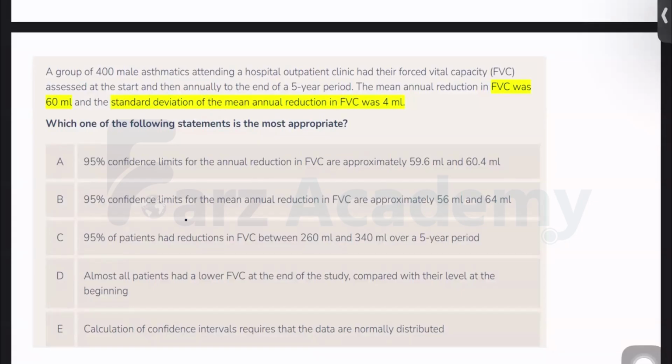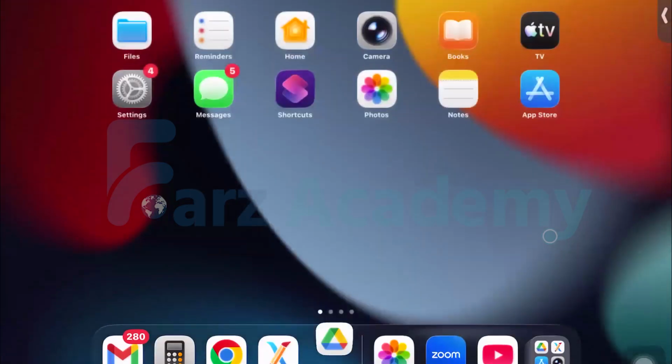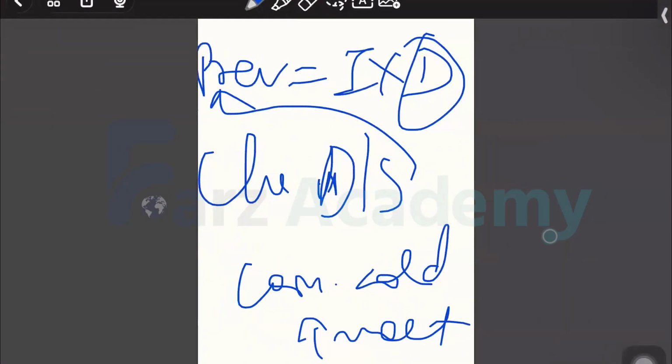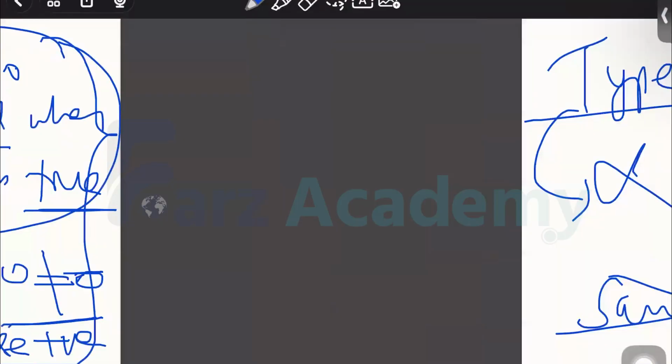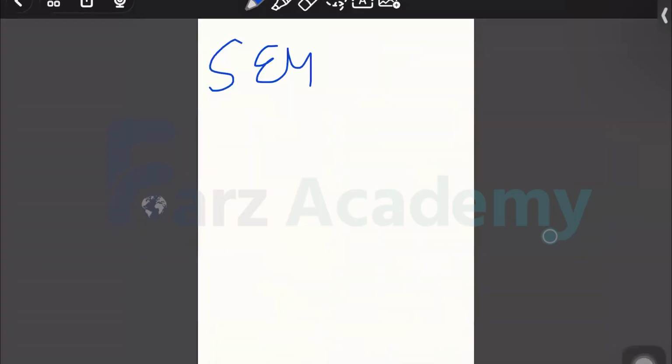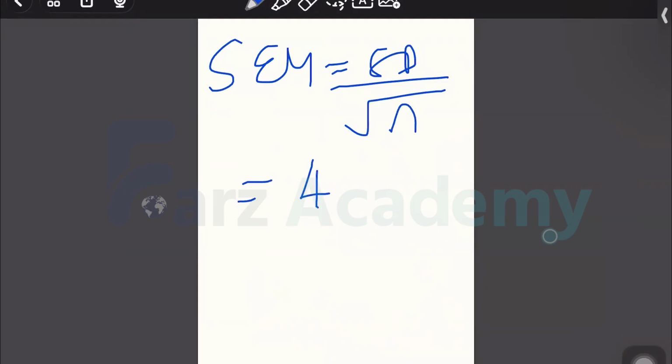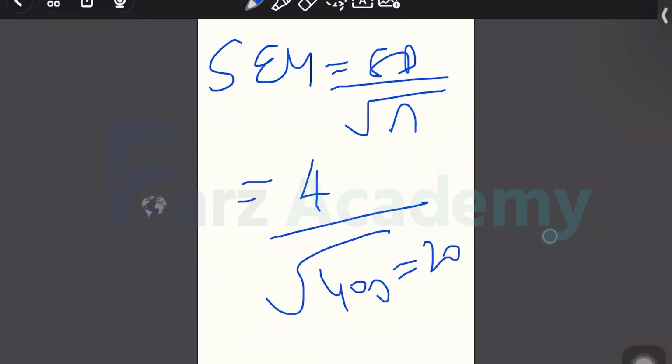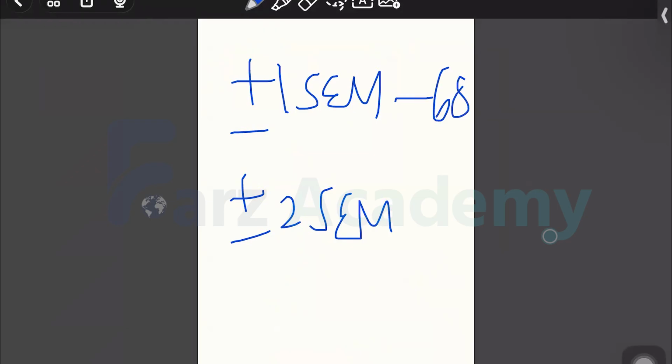So standard error of mean is 4 upon 20, which is 0.2. Now whatever plus minus 1 or plus minus 2 standard deviation will become standard error of mean. The percentage will remain the same.